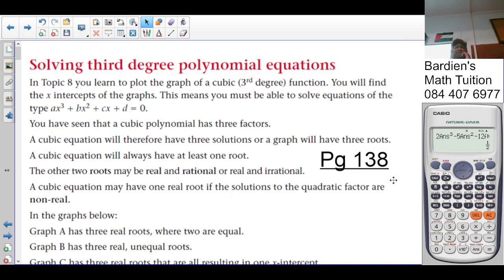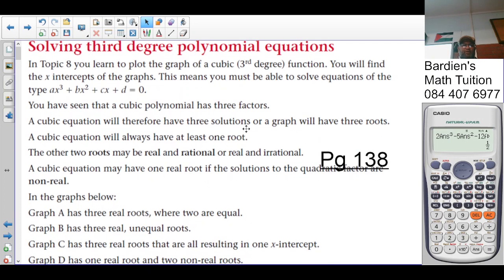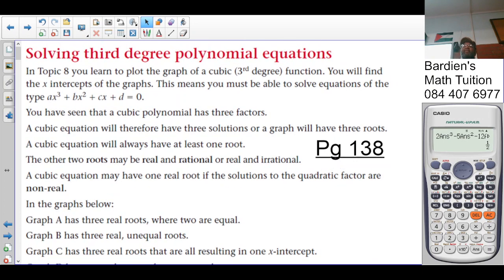Okay, so solving third degree polynomial equations. So what have we done thus far? Thus far we looked at factorizing a third degree polynomial expression, not so.